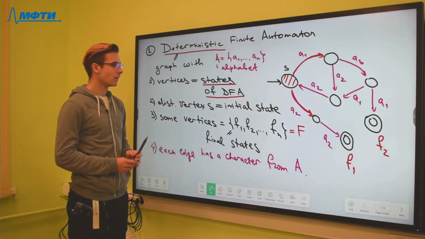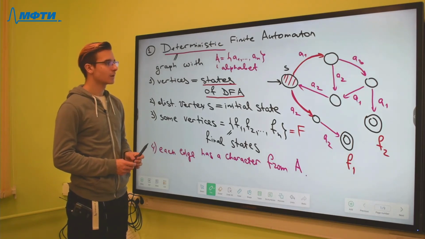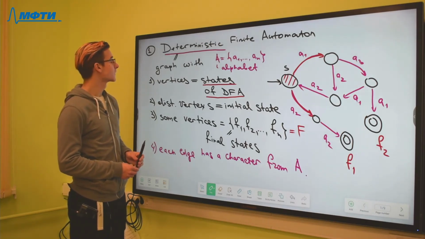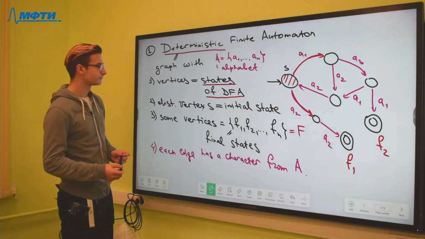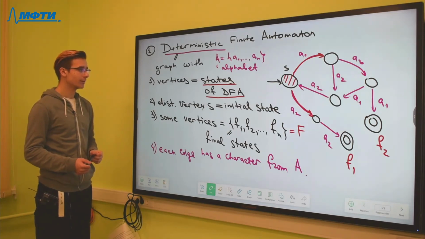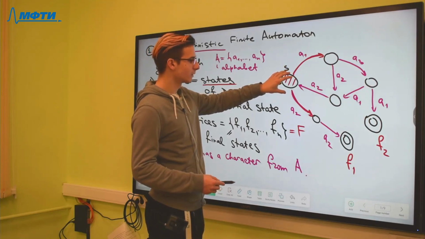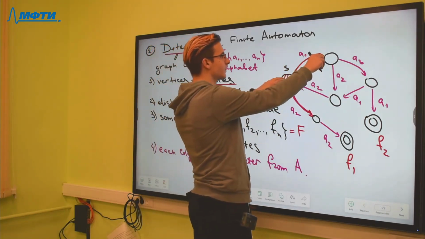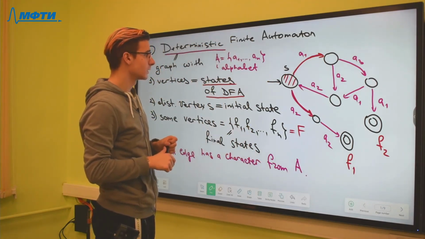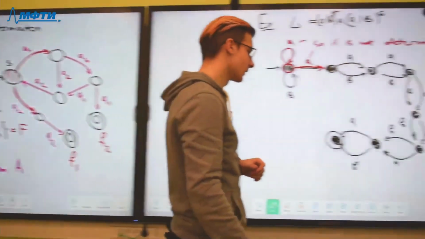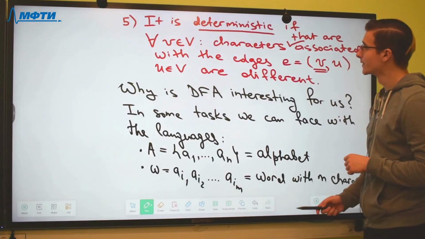So we name it a finite automaton, and we say that it is deterministic if from one state we go to another state by the edge, and this restriction is true.